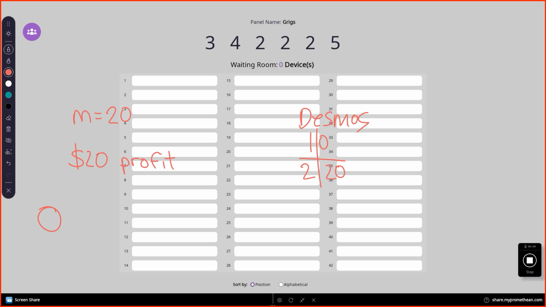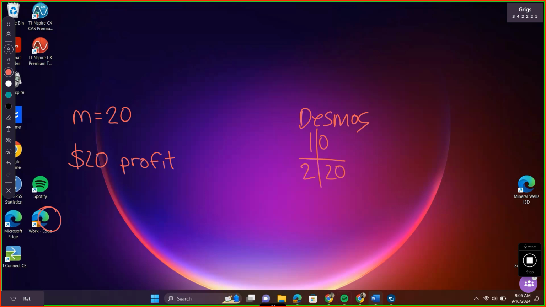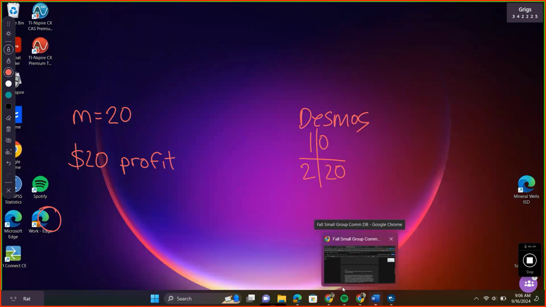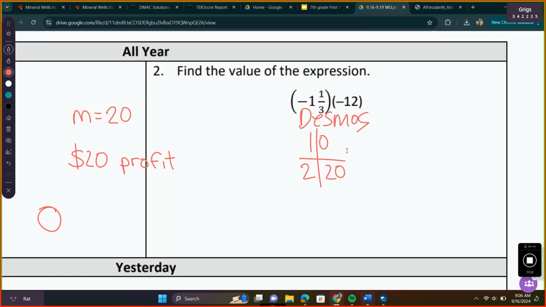I'm about to show y'all number 2 really quickly, so keep on working and I'll show you number 2. This is y'all's number 2, right?